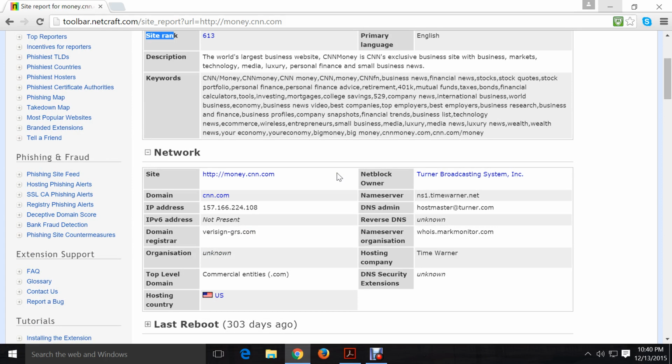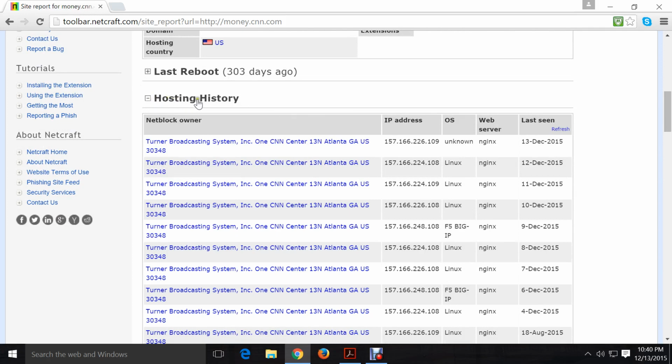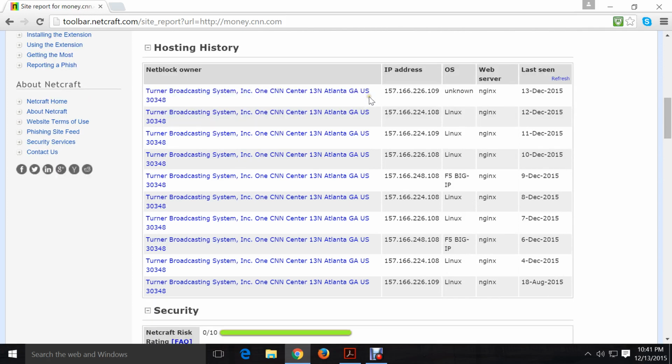Now let's scroll a little bit down and get some good information that would be useful to a potential hacker. We are looking at the hosting history section. Under the heading hosting history, you can see the NetBlock owner, then the IP addresses, the operating systems, the web servers, and when the server was last changed.